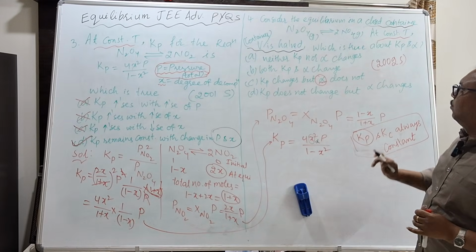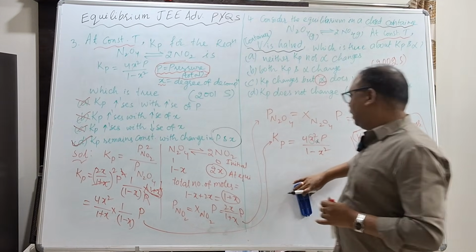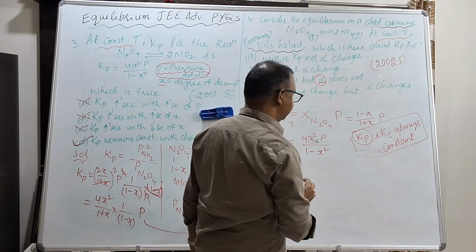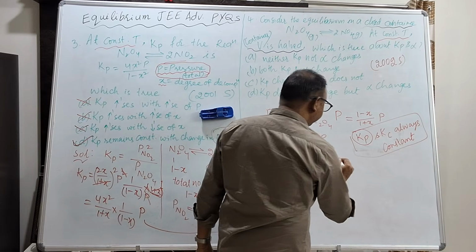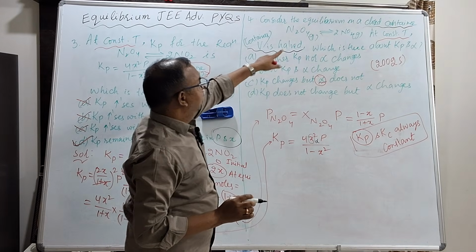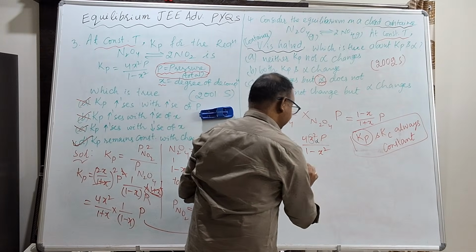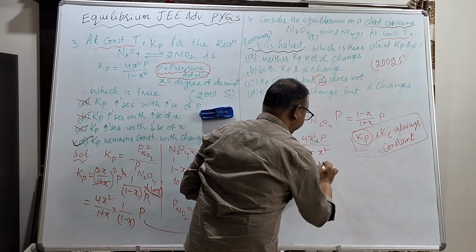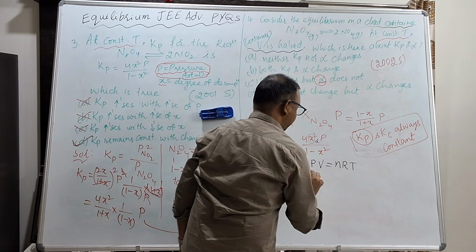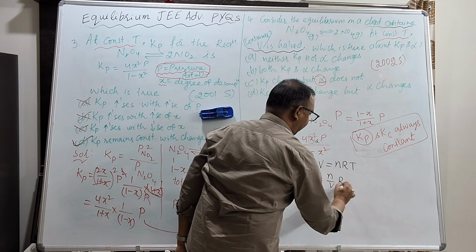Now, the first option they have given is: neither Kp nor alpha changes. Let us check. When the volume is halved, we know from the ideal gas equation, because both N2O4 and NO2 are gases. Let us consider total pressure: PV equals nRT, so pressure becomes n by V into RT.